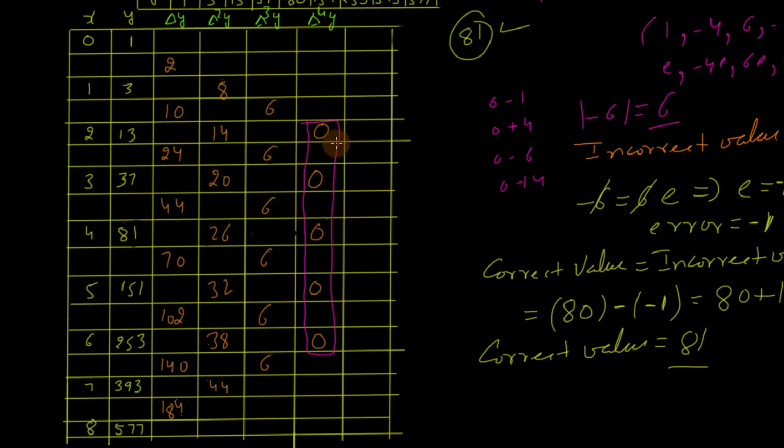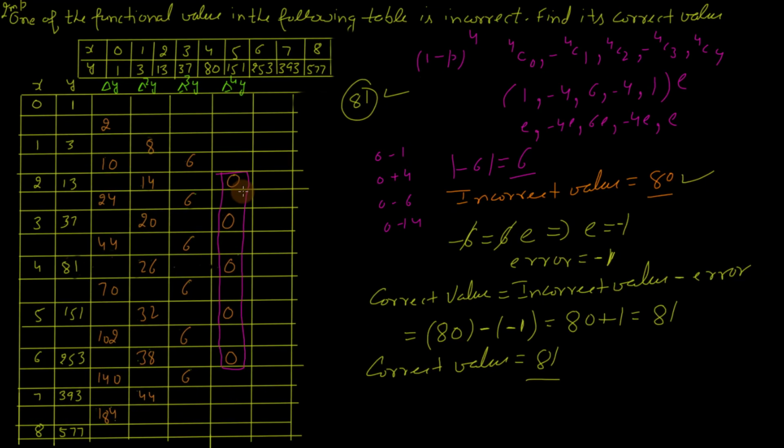So that is a very important question, and in this question we have done two things. The first thing was to locate the error value, which was 80, and we have corrected it as 81. So we had two things in hand and we have performed them very well.